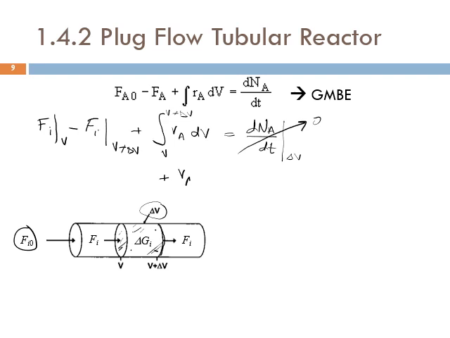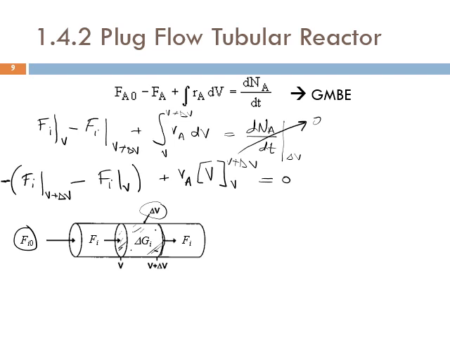So we have RA, and then the integration of dV is V, evaluated from V to V plus delta V, and this equals 0. If you allow me, I'll just switch here. I'll write Fi evaluated at V plus delta V minus Fi evaluated at V, but of course to keep it correct I have to put a negative there.